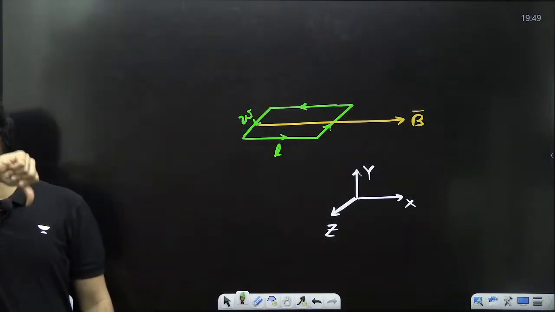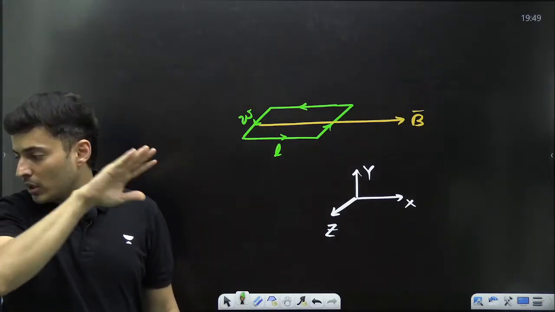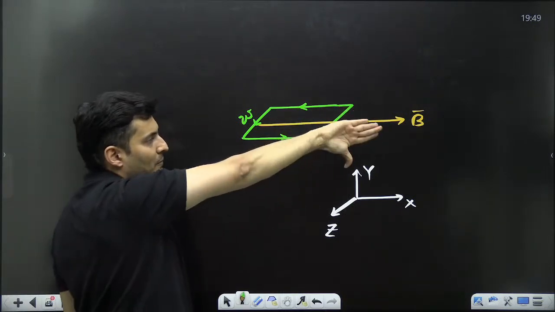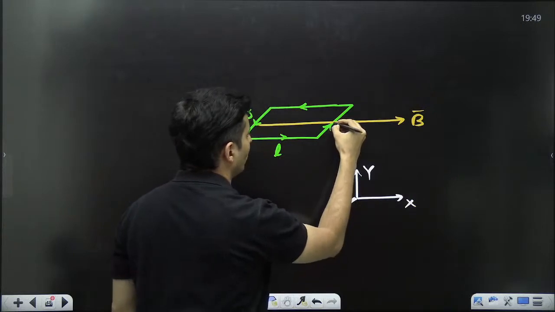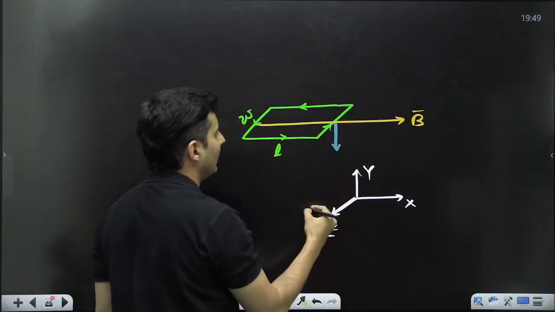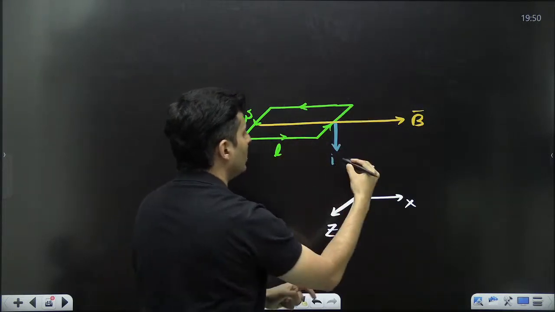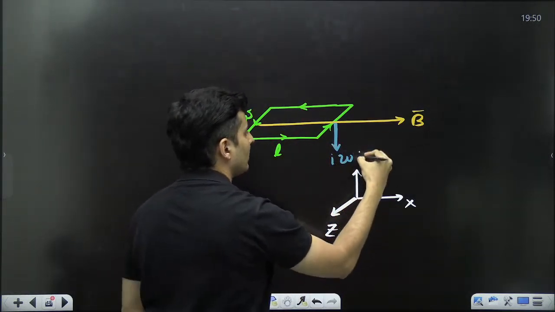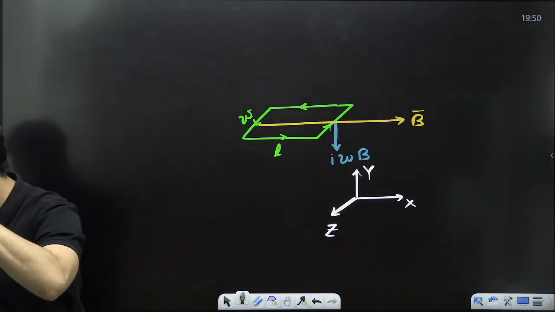The current is going like this, B is like that, so the force will go in the minus Y direction, and it will be current into length. Length is W into B, IWB. Everyone with me? IWB, perfecto.